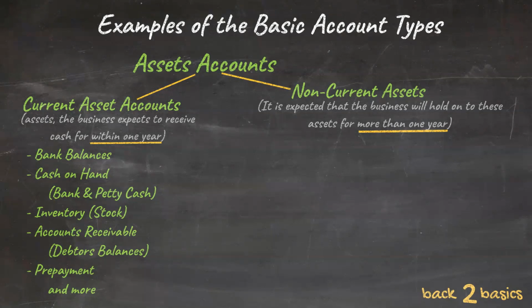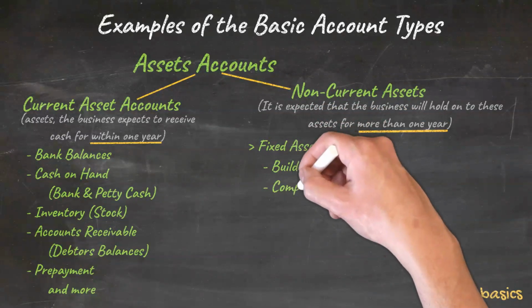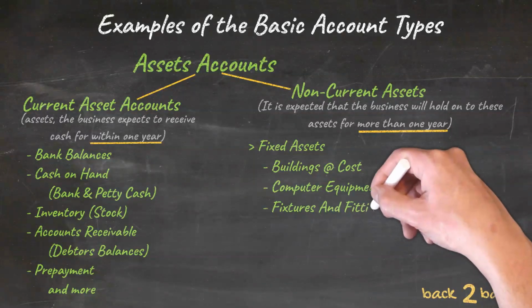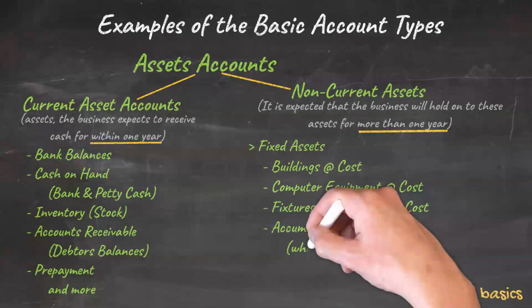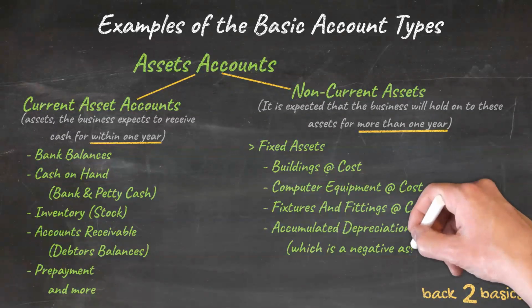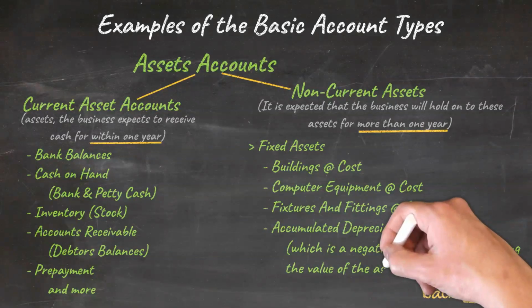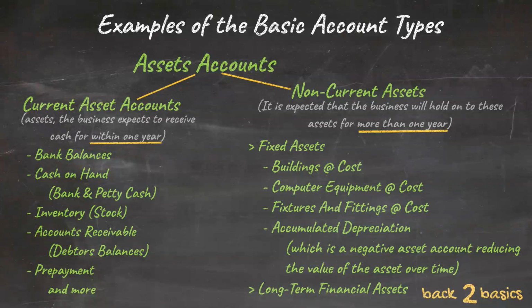Non-current assets will include, for example, fixed assets, such as buildings, computer equipment, fixtures and fittings, all at cost value, and then accumulated depreciation accounts, which is a negative asset account, reducing the value of the asset over time, and also long-term financial assets.